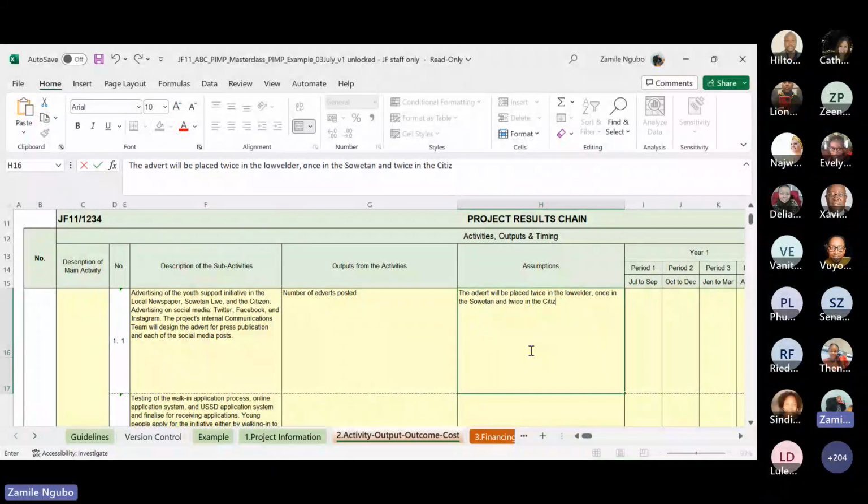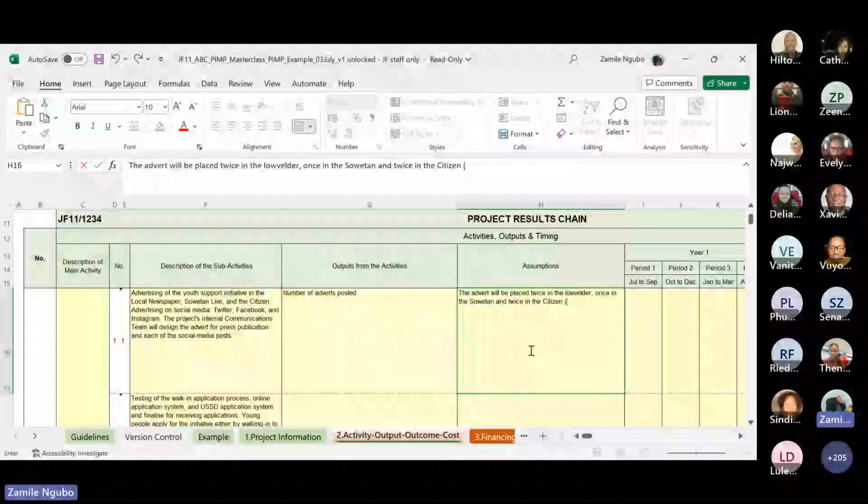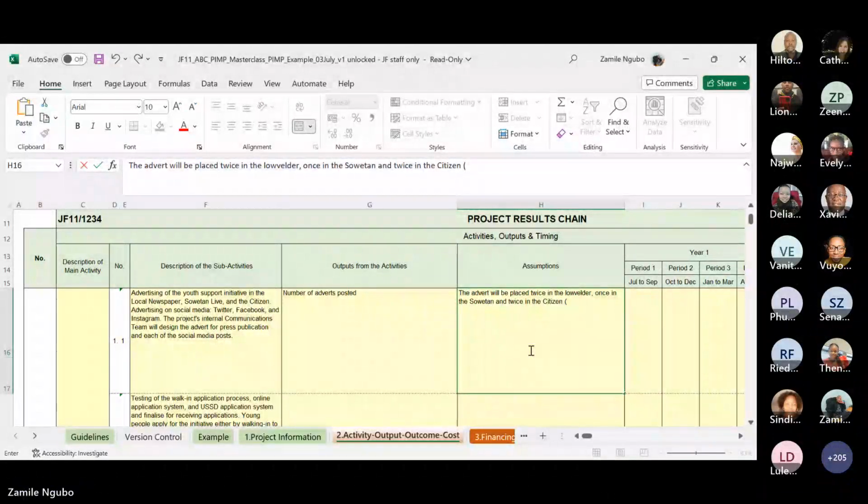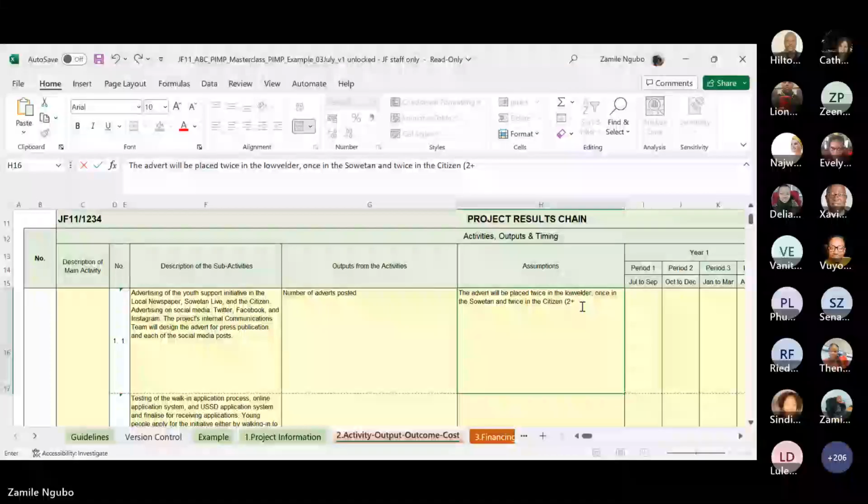So we have said we will advertise twice in the Lohfelder, twice in the Sowetan, and once in the Citizen. So this means that now we'll be having 2 + 1 + 2, which equals 5.